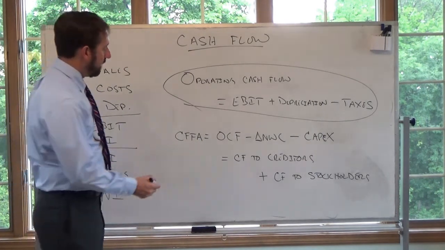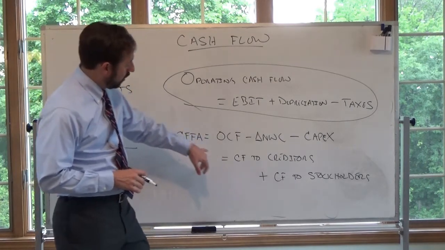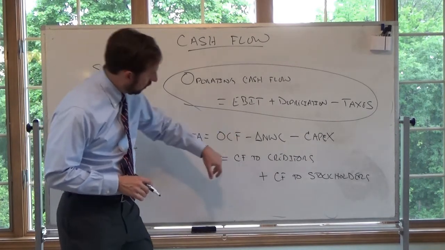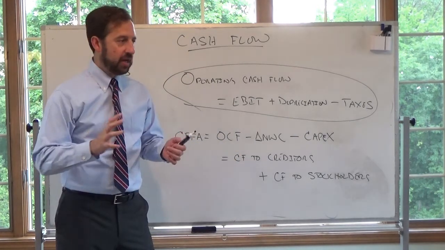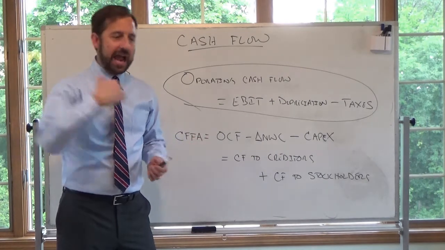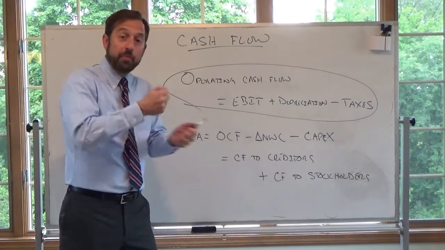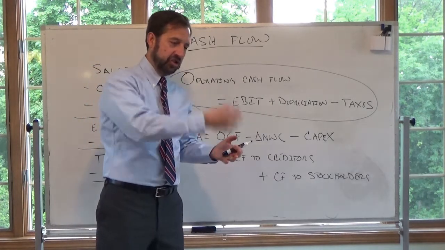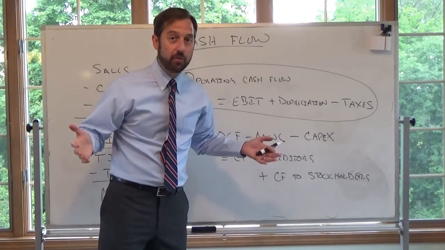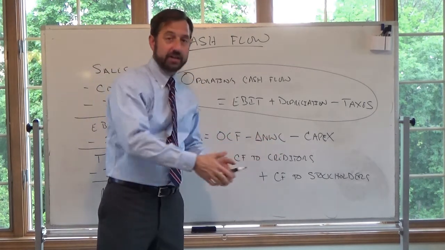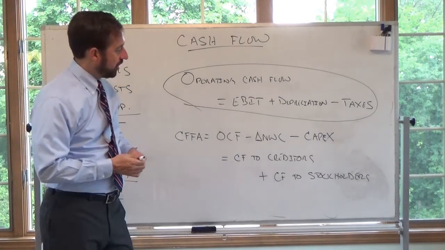And I'll go ahead and mention that by definition, cash flow from assets also equals cash flows to creditors plus cash flows to stockholders. This is, again, an identity. Any cash generated by our assets can only go two places. We're management, we operate these assets, generate cash, and that cash goes to debt holders or to shareholders, it can't go anywhere else. We pay off debt holders, and then whatever's left goes to shareholders.